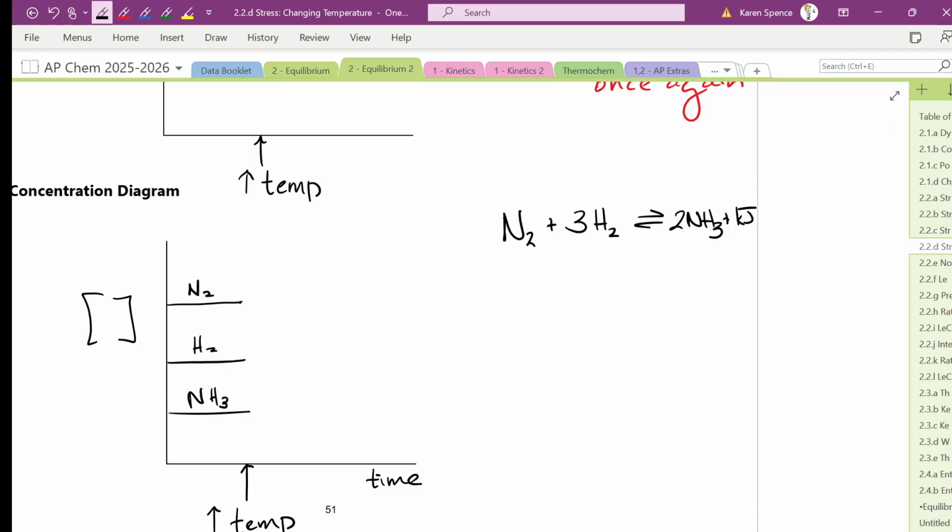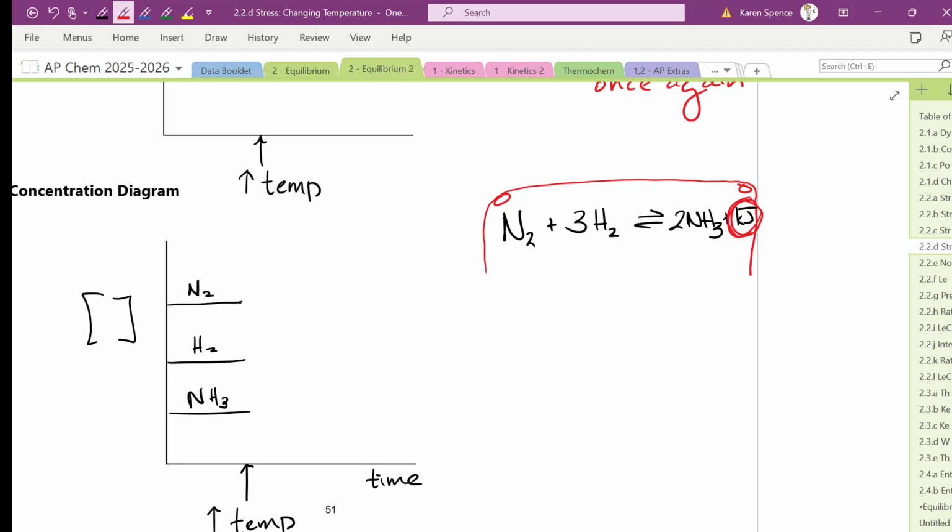Now, let's say you wanted to use the pulley method to predict the direction of the shift. Say we didn't know the direction of the shift. You can actually use it in the same way you would with concentration. Here's my pulley system. If I increase temperature, I am in essence increasing the kilojoules, because that's our kinetic energy.